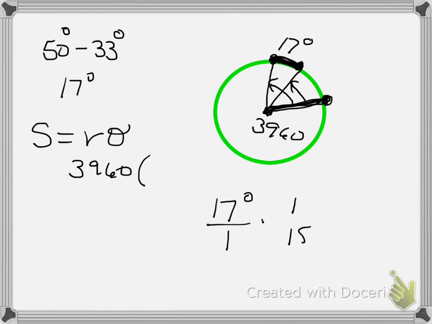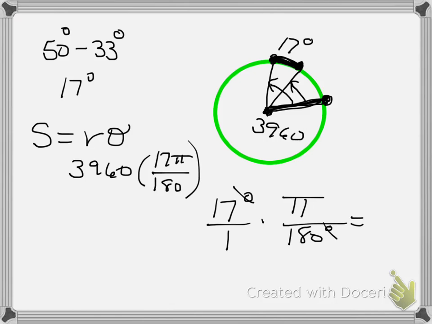I'll put 180 degrees on bottom, pi on top, and I get rid of the degrees, and I'm left with radians. So that gives me 17 pi over 180. That doesn't reduce.